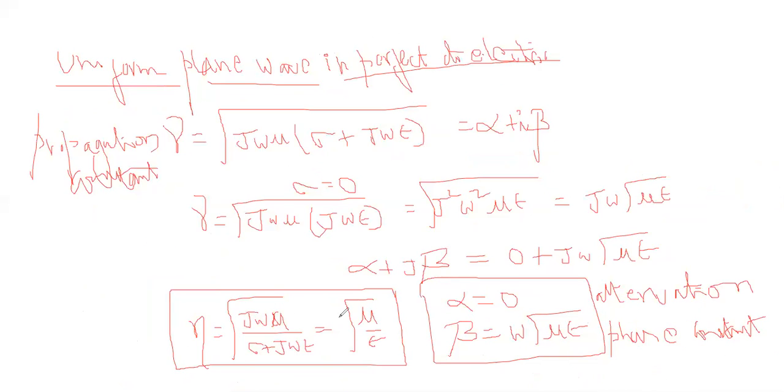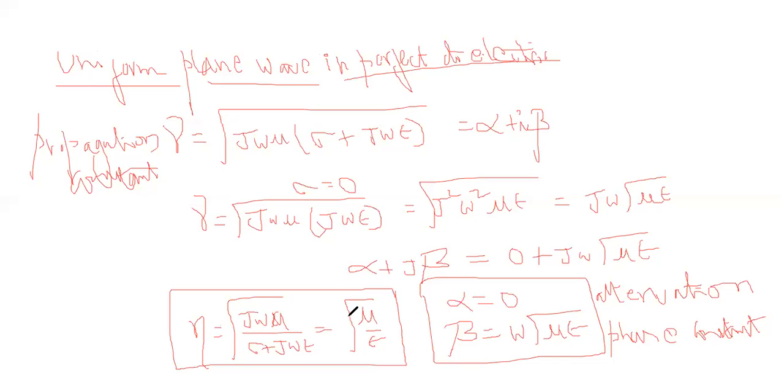That is the phase constant. For the intrinsic impedance, sigma is equal to 0, j omega gets cancelled, and it is the square root of mu by epsilon. The phase constant depends on the angular frequency omega, but the intrinsic impedance does not depend on the frequency.